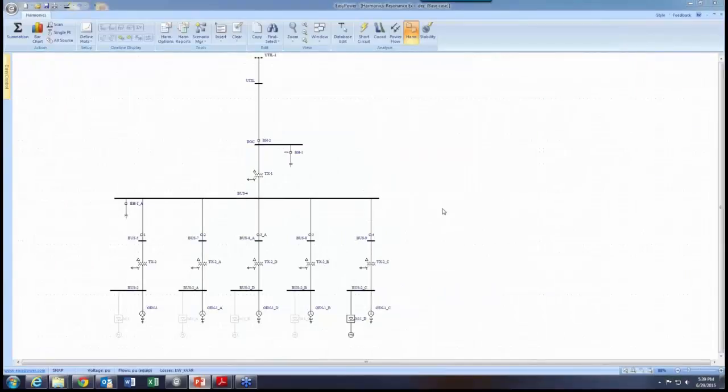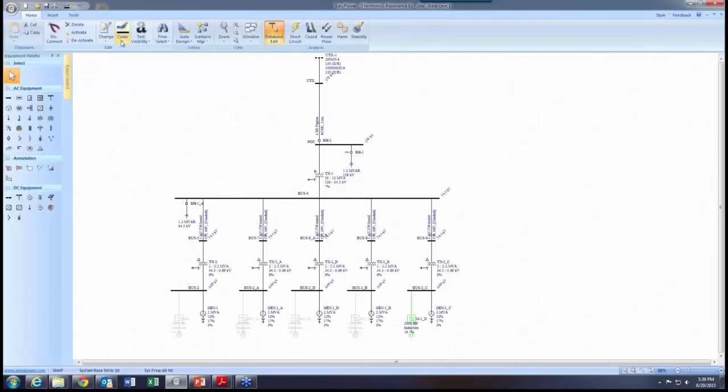Here, let me just deactivate this. What you see here is a model that you will use for your power flow calculations. We put this model together, and I spoke about and analyzed the way that we can create a file like this.